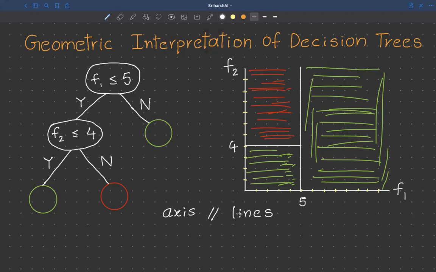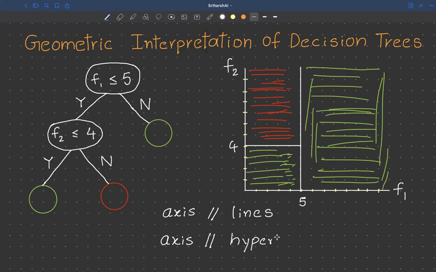Now, if you extend this concept to 3 dimensions or more, then these lines will become planes, and planes will become hyperplanes. So in higher dimensional space, instead of calling them axis parallel lines, we usually call them axis parallel hyperplanes.